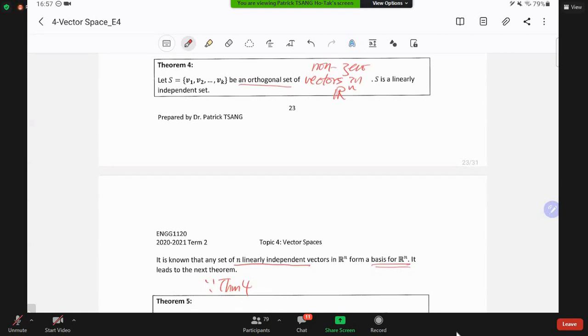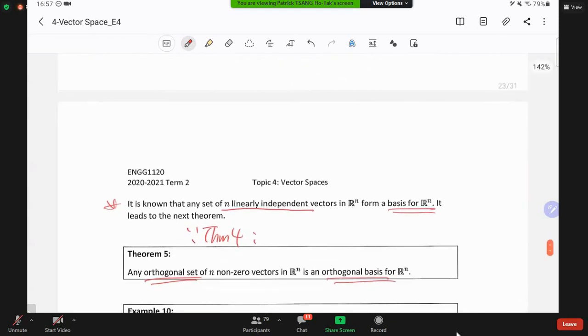And then we know that any n linearly independent vectors in Rn space can form a basis, right? So actually, theorem 4 together with the statement here leads to the idea of theorem 5, right? So simply write down the connection here. So orthogonal set.